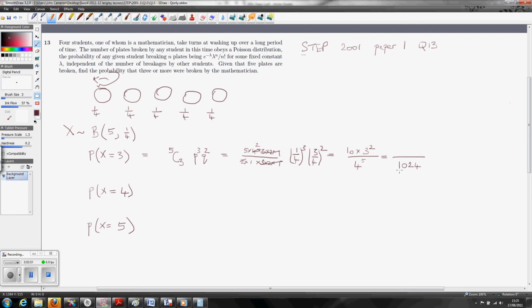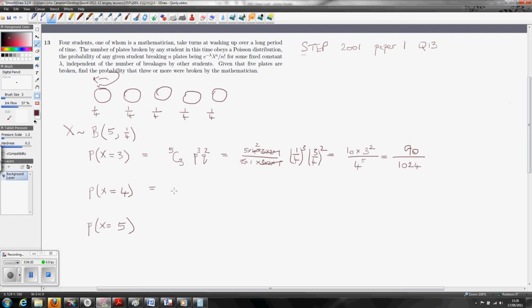You might notice that's 2 to the power 10, or 4 times 4 is 16, 16 by 16 is 256, and another 4 of those is 1024. And on the numerator here we've got 90.